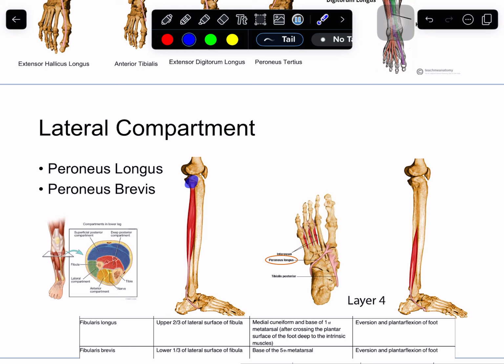It runs straight down, and if you look at the tendon, it goes behind our lateral malleolus. Then it runs all the way across the bottom of the foot. So if we're looking at the middle image now, this runs from that lateral compartment, just like we talked about with the anterior tib, and crosses underneath the bottom of the foot, going to the base of the first metatarsal and that first cuneiform.